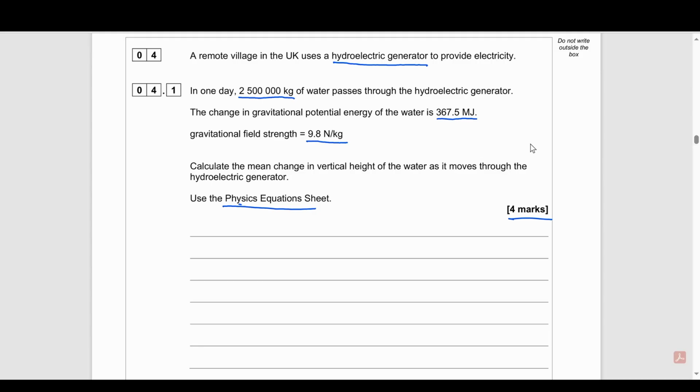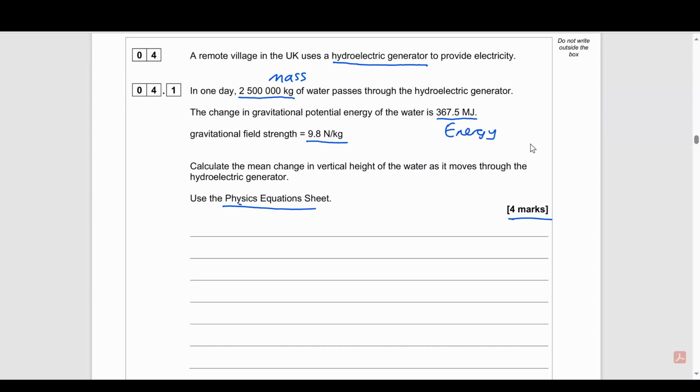So, for this question now, we need to use another equation. So let's look at the values that are underlined and let's see what equation we could use. There's a mass here, 2.5 million. There's a change in gravitational potential energy, so that is energy.